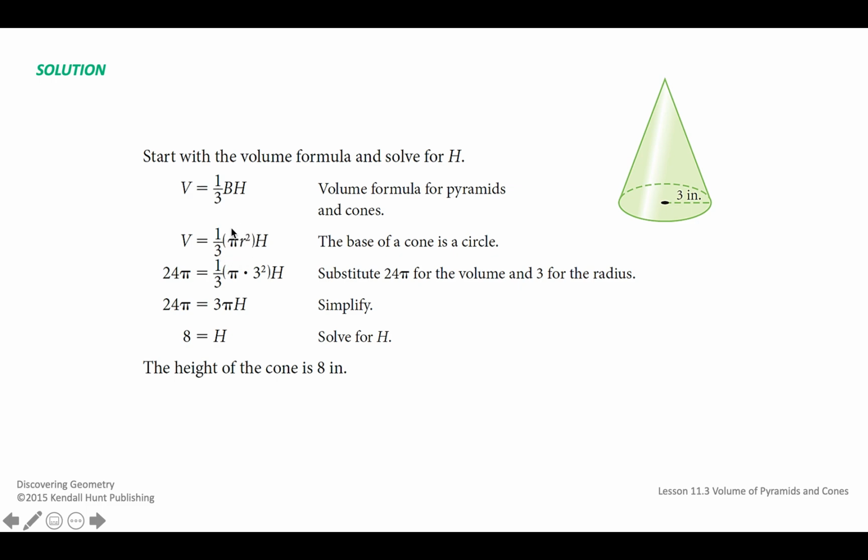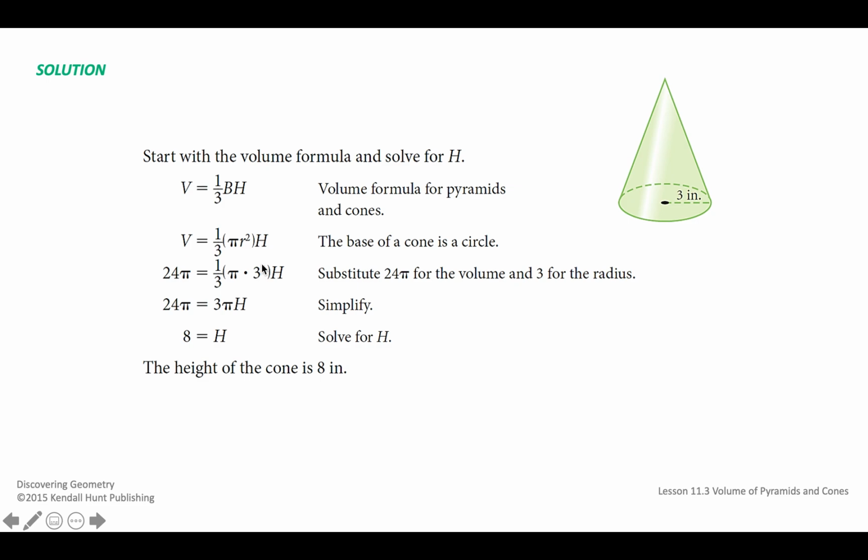That's the area of the circular base. Okay, the radius is 3, so we plug in 3 there. We also were told the volume was 24 pi inches cubed, so we plug in 24 pi right there for the volume.